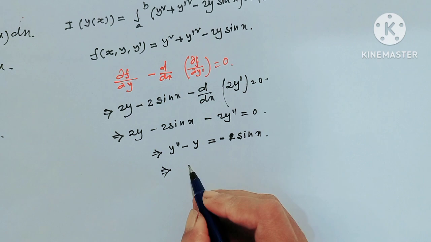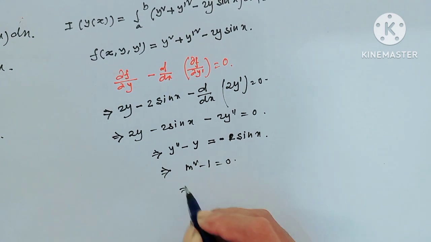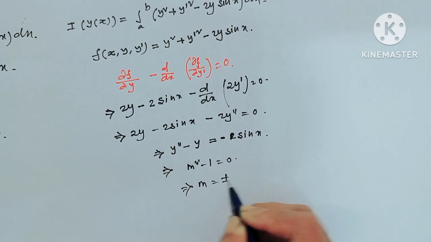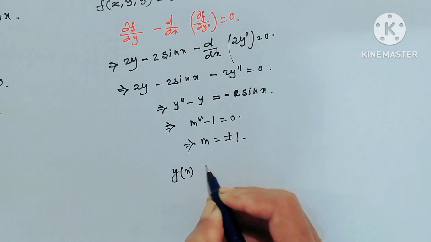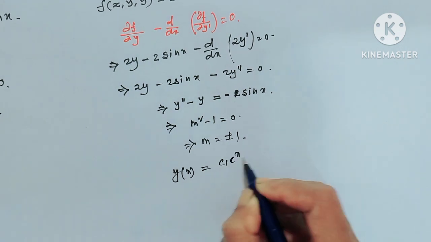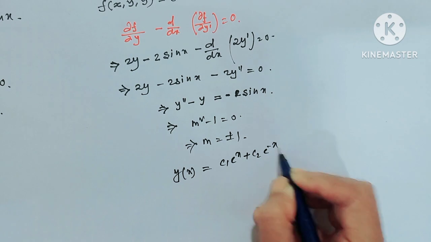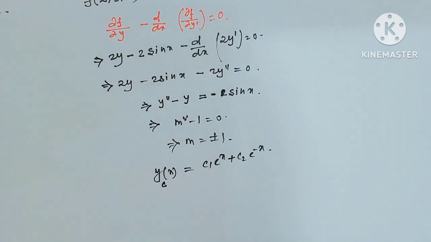Then this is an m square minus 1 type equation, m equal to plus minus 1. So y(x) equal to c1 e to the power x plus c2 e to the power minus x. This is the complementary solution.